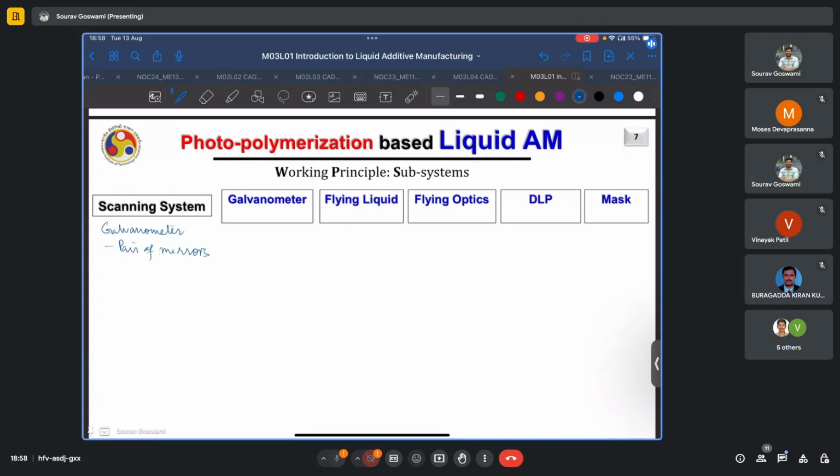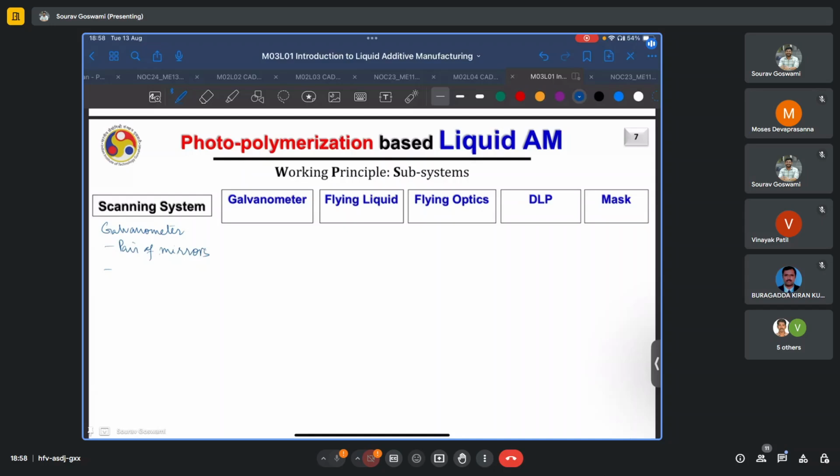Yes. So, a galvanometer consists of a pair of mirrors. These mirrors are connected to motors, and based on the combined motion of the two mirrors, you can deflect a beam of light across the entire region of interest.